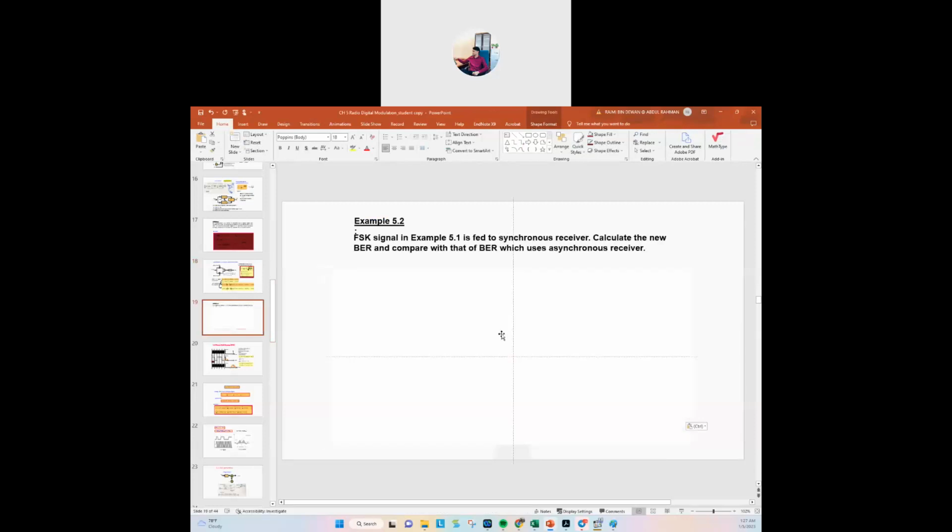So you should see here, the FSK signal in example 5.1 is fed to a synchronous receiver, meaning the signal that is produced by the generator, now we're going to receive it at our receiver. So calculate the new BER and compare with that of the BER which used an asynchronous receiver.